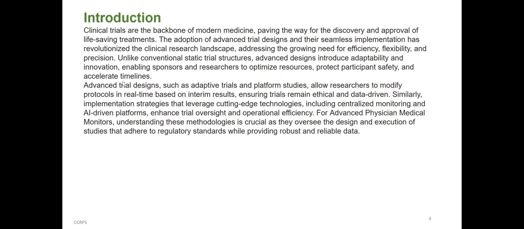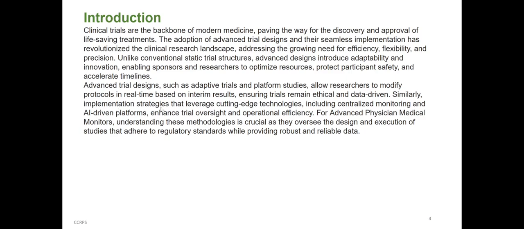safety, and accelerate timelines. Advanced trial designs, such as adaptive trials and platform studies, allow researchers to modify protocols in real time based on interim results. Interim results mean the results of ongoing trials, ensuring trials remain ethical and data-driven.